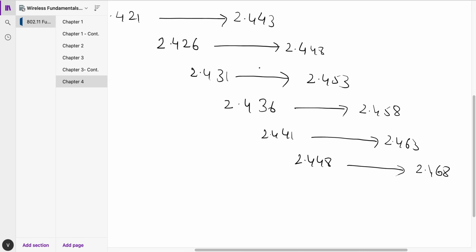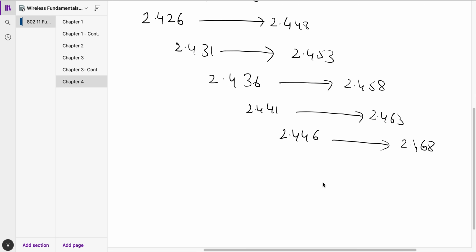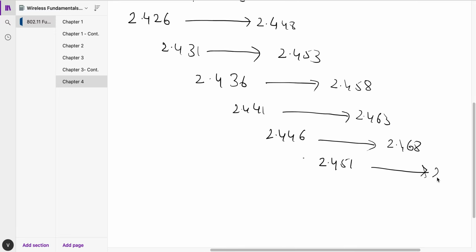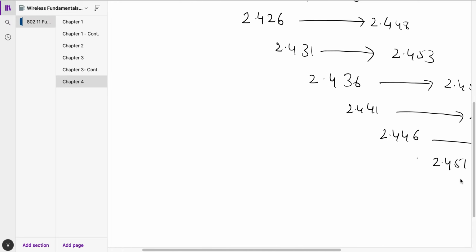Sorry, this is not 2.48. This is 2.46 because we have to add 5 megahertz here. Yes. Okay. So the next one is 2.451, 2.473.